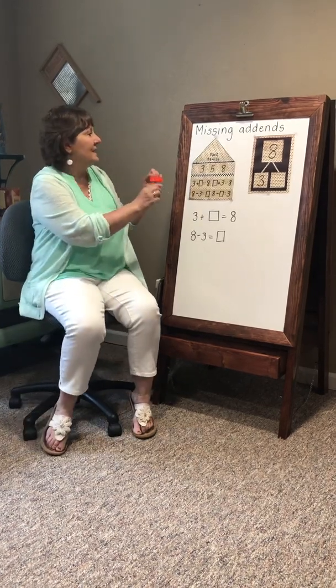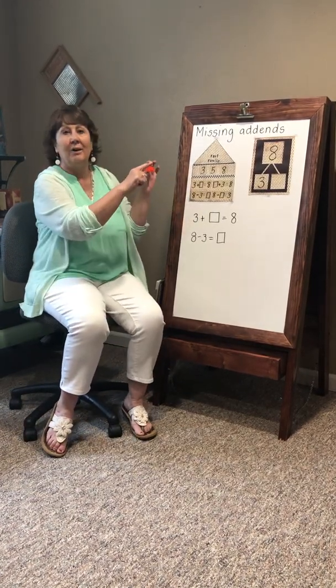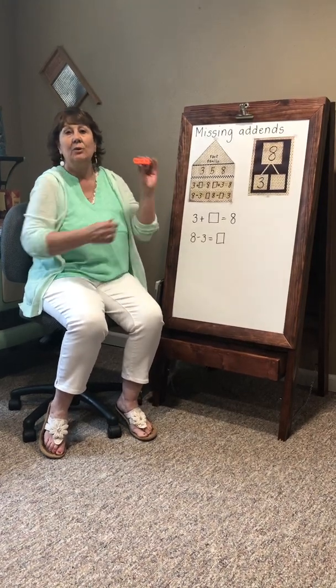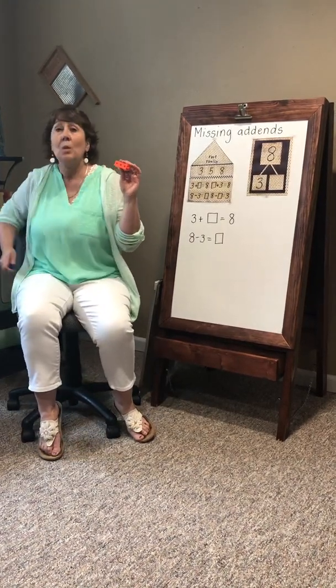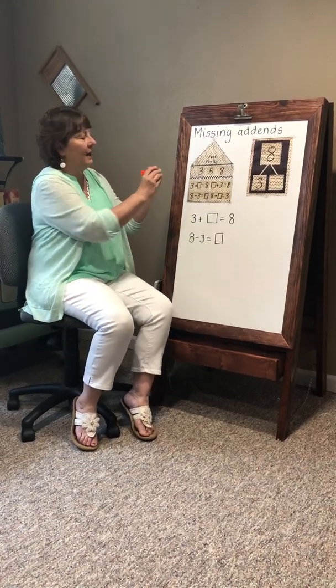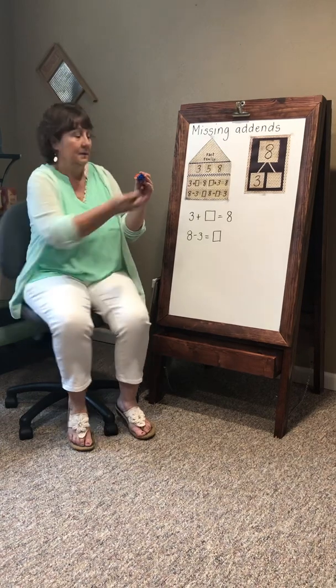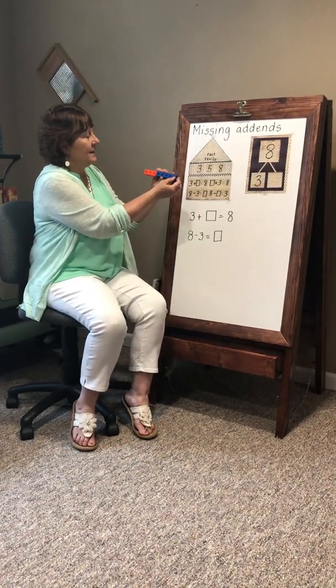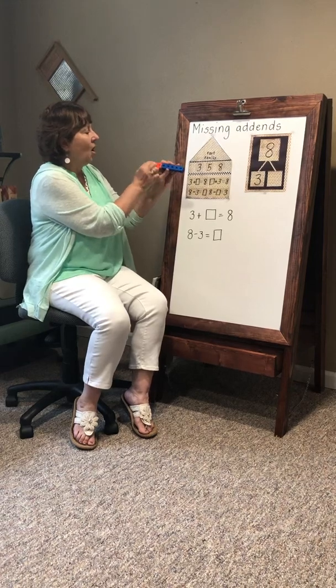Here's our 3 that we have. We've got to figure out how many more before we get to an 8. So if you say 3, we can count on 4, 5, 6, 7, 8. So here's 3.